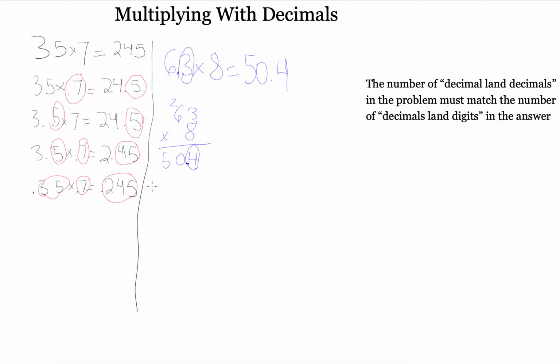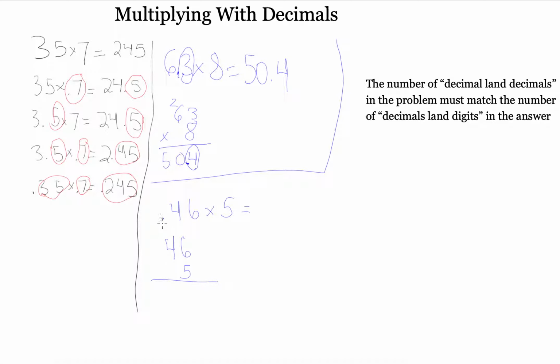All right, let's try another one. Let's try 0.46 times 5. So just like in the previous question, I'm going to set it up in the same way. So I'm going to forget about that decimal for now and just do 46 times 5.